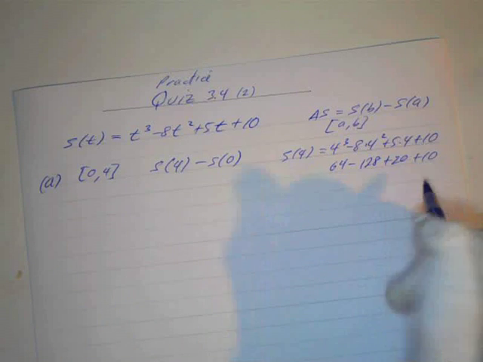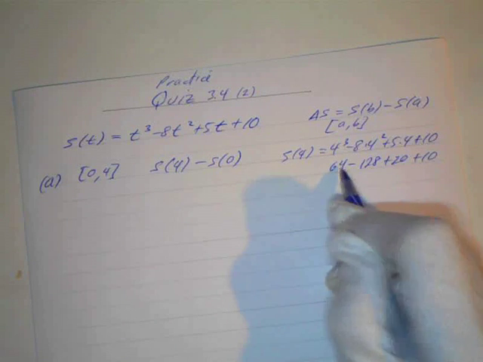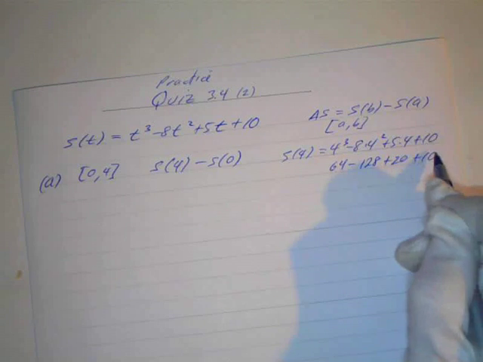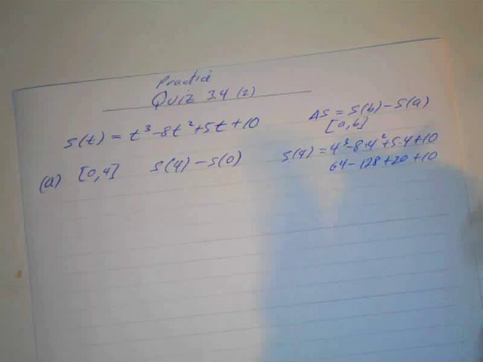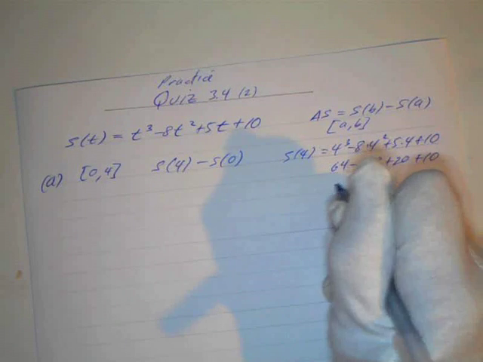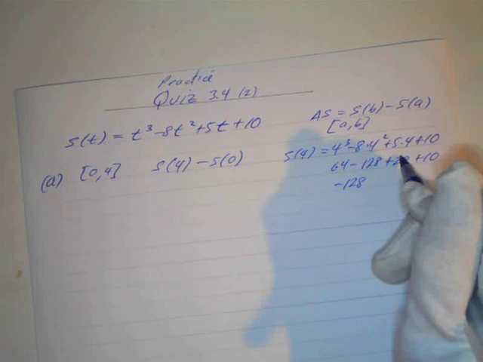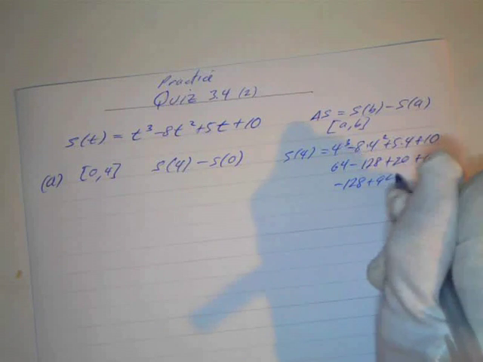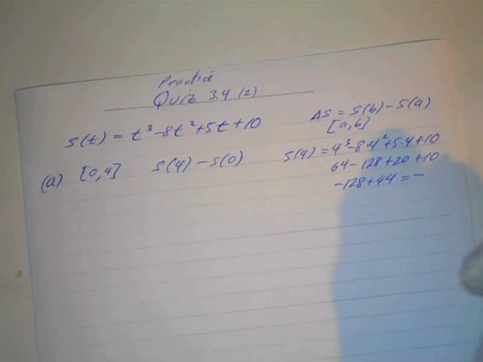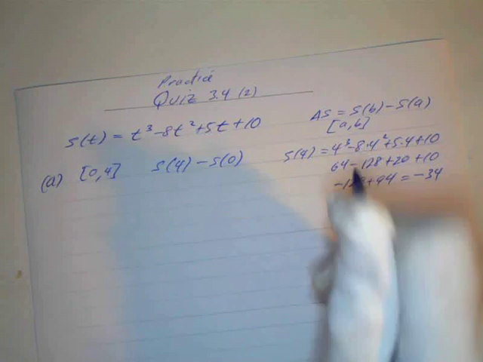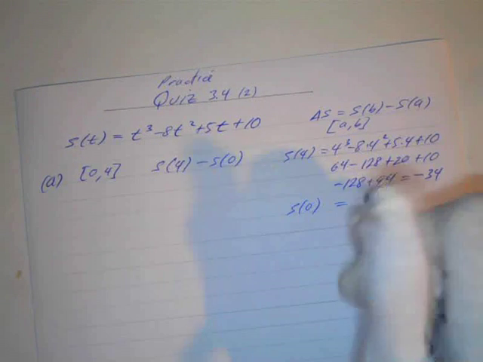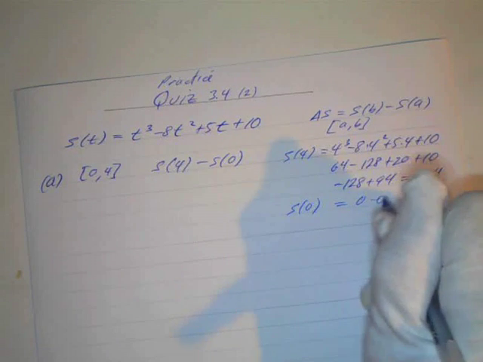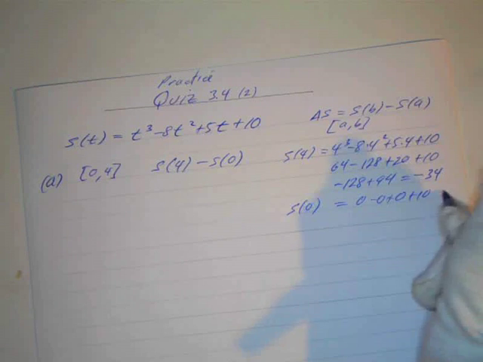If we add this up, 64, 74, 84, 94. So we have negative 128 plus 94, which equals negative 34. And then S of 0 is just 0 minus 0 plus 0 plus 10, so that's just 10.